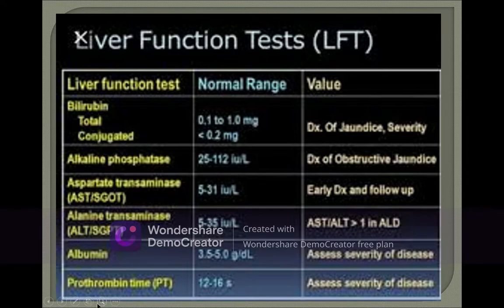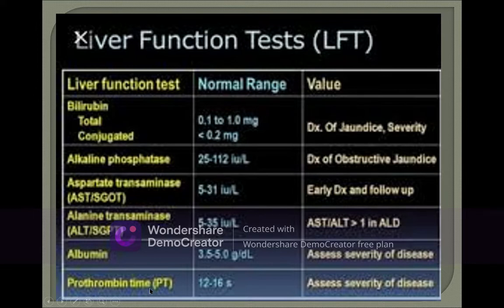The most sensitive test of acute liver disease is the PT, prothrombin time, a vitamin K dependent coagulopathy dependent upon the liver functions. Because this is the extrinsic pathway, and vitamin K is needed for the formation of these coagulation factors.